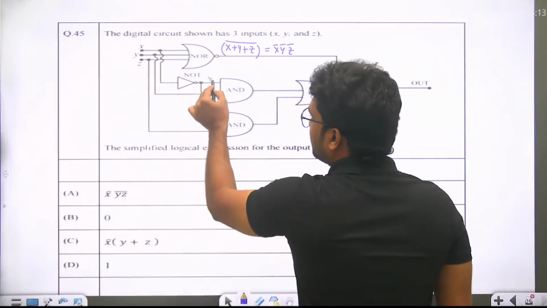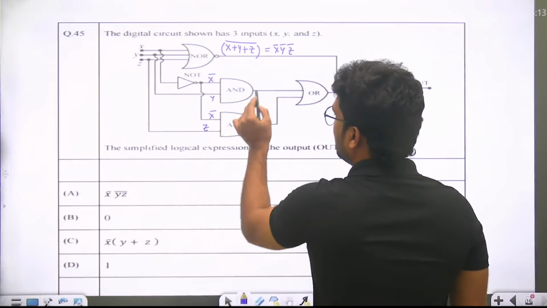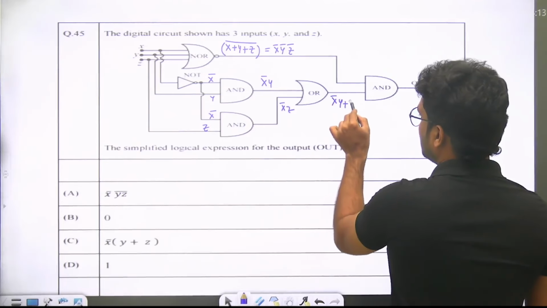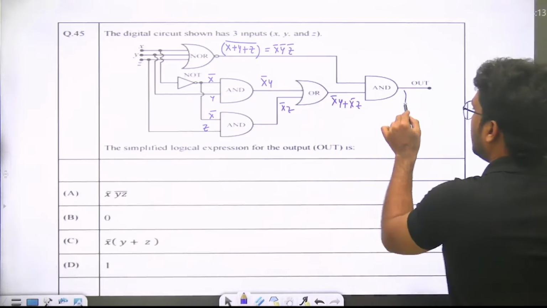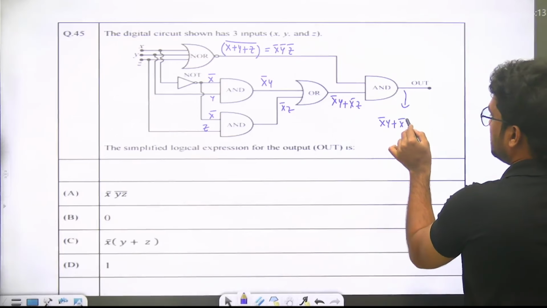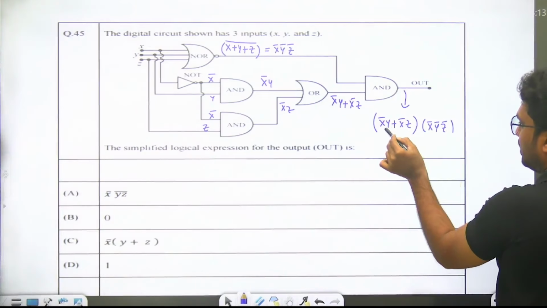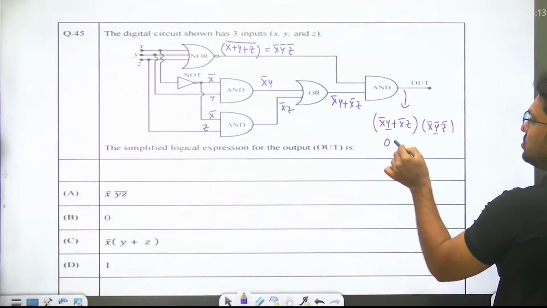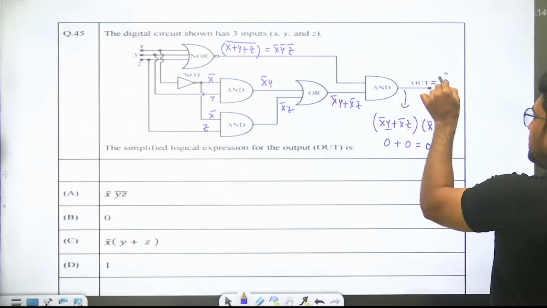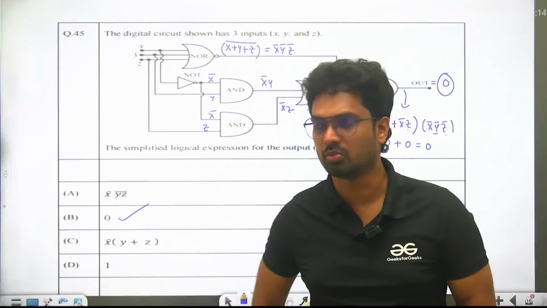And here the NOT operation for X will give you X bar, and this is Y, this is Z. So X bar Y plus X bar Z. Now the AND operation means multiply them: X bar Y plus X bar Z, into X bar Y bar Z bar. Here you have Y and Y bar multiplication, and here Z and Z bar multiplication, so the output will be permanently zero. So that is about the question.